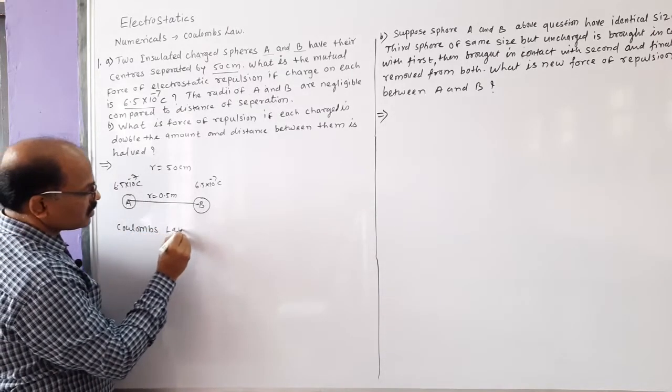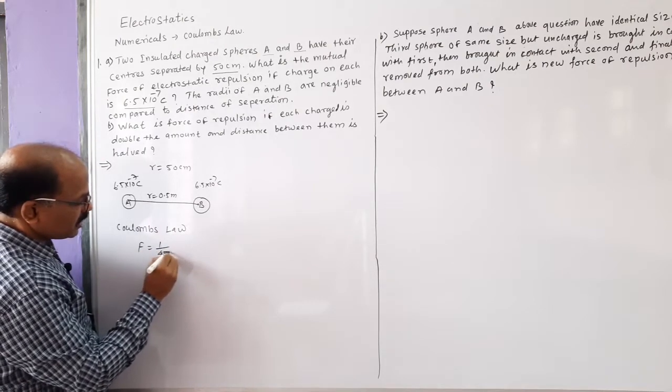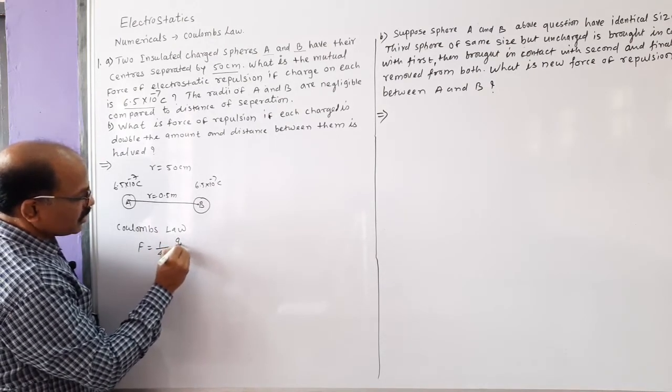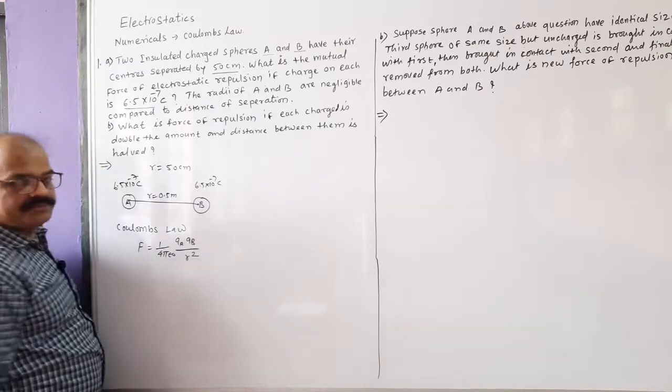Coulomb's law is F is equal to 1 divided by 4 pi epsilon naught QA QB divided by r square.